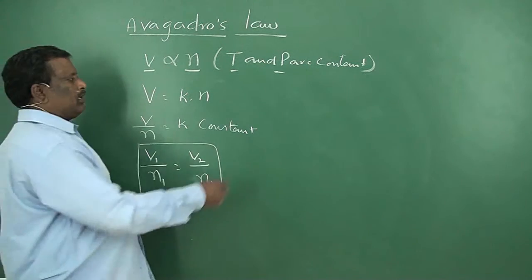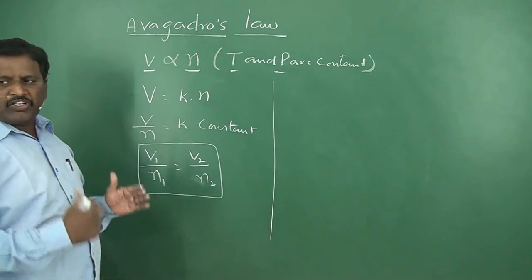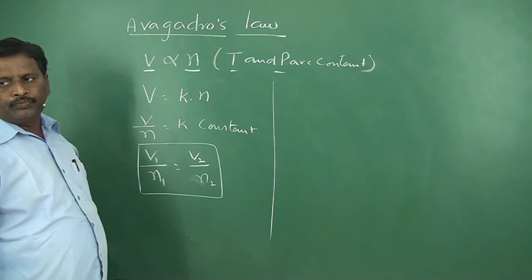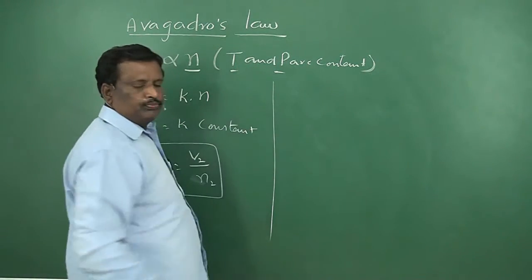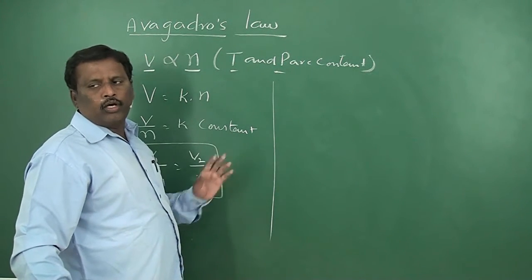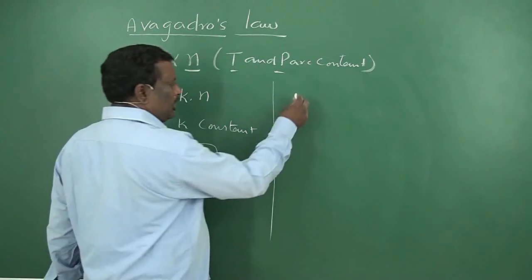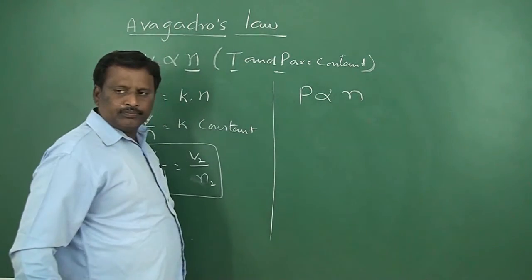Similarly, the Avogadro law may also be expressed with pressure also. At constant temperature and at constant volume, the pressure of the gas is directly proportional to its mole number.